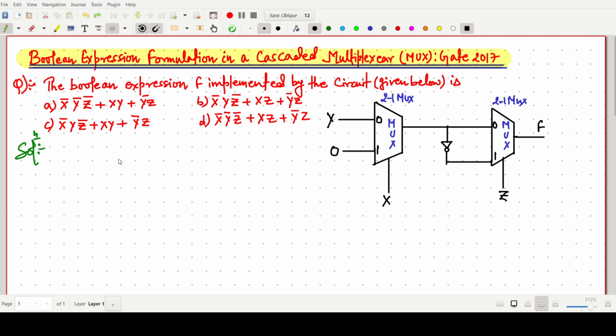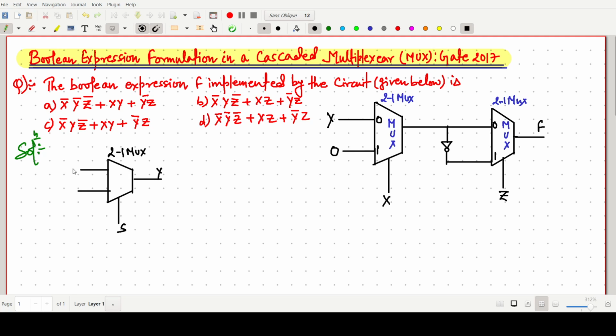How to write the output expression in case of a MUX. I'm just drawing a 2 is to 1 MUX. This one has some output, and this one has some select line.